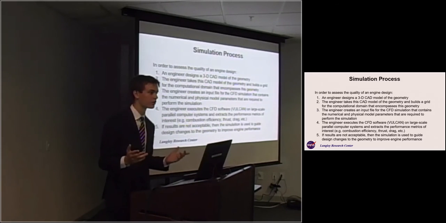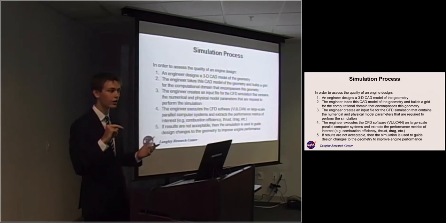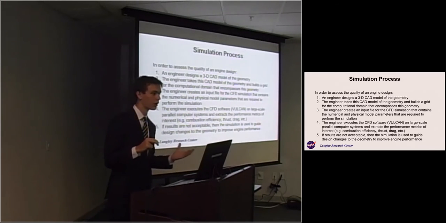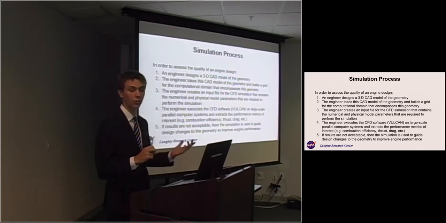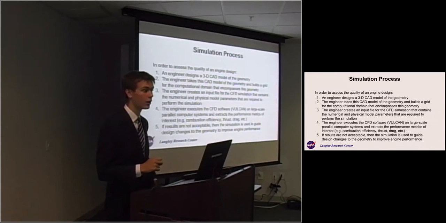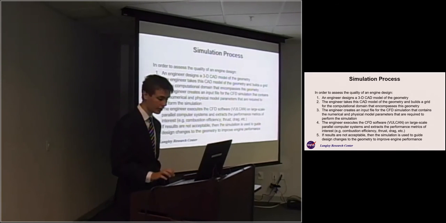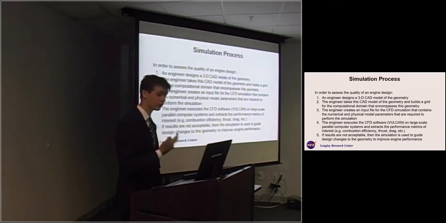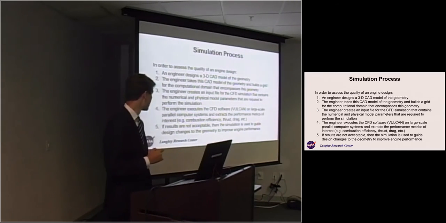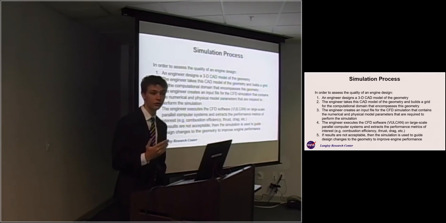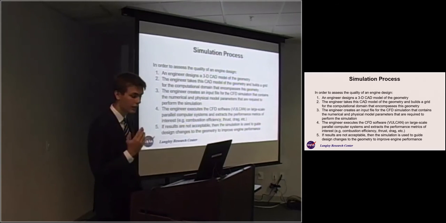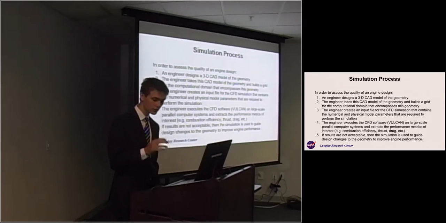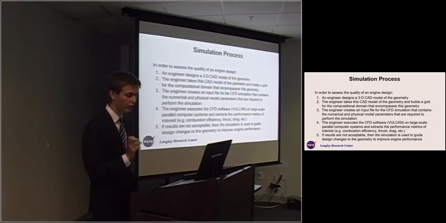This could be, if he's running something at high altitude, colder air, or lower pressure, things like that. It depends on how he wants to simulate it. Then he's going to execute the CFD software, which is Vulcan in this case, on large-scale parallel computer systems, which basically means a powerful computer, which will then produce the performance metrics.